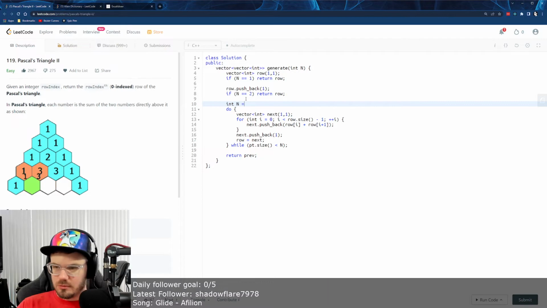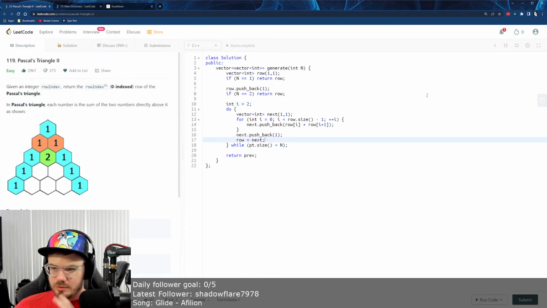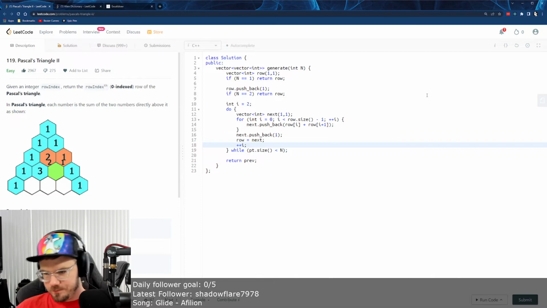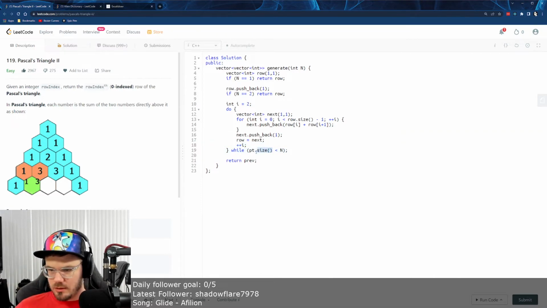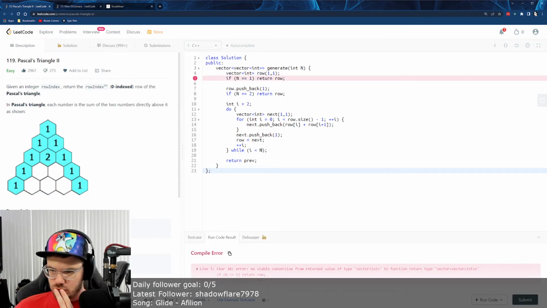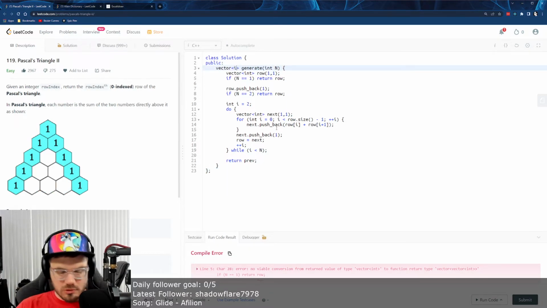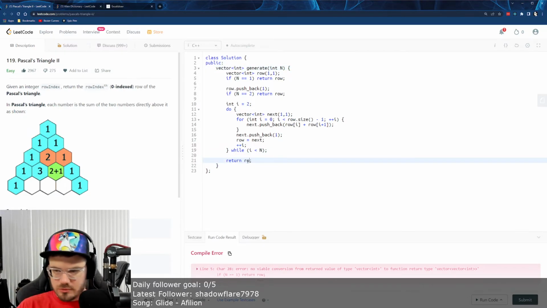So I equals 2. And then every time we generate a row, we can increase I. And we keep going until I is equal to n. The return value for the problem is now just vector of int. And this right here is return row.